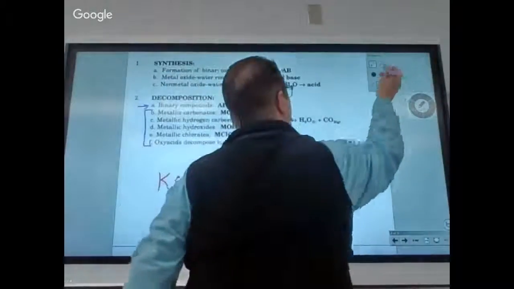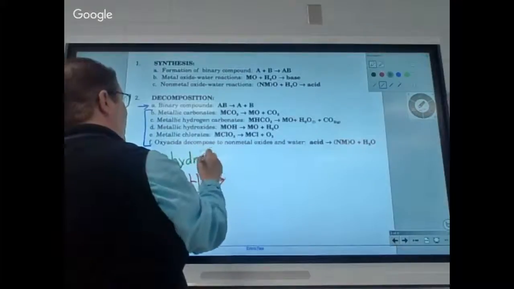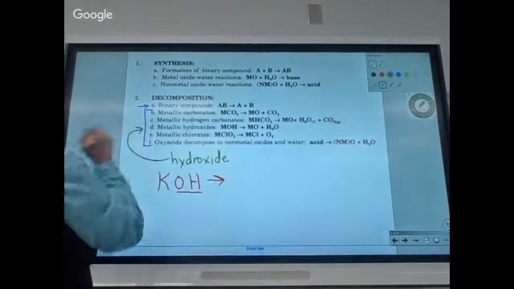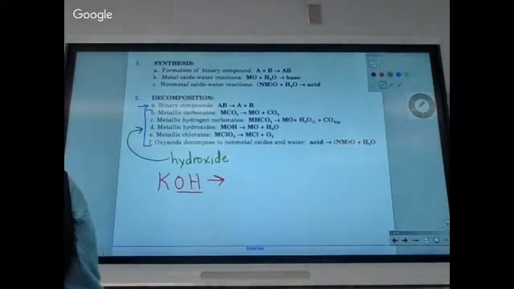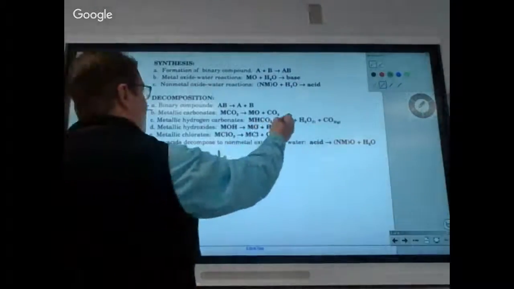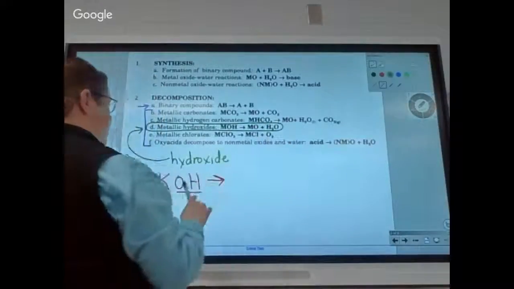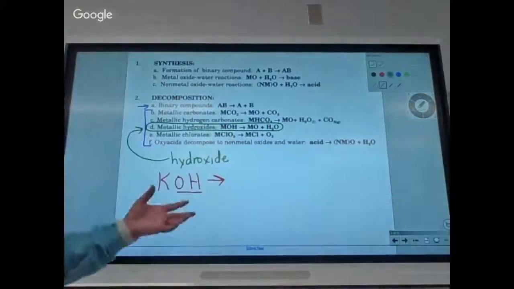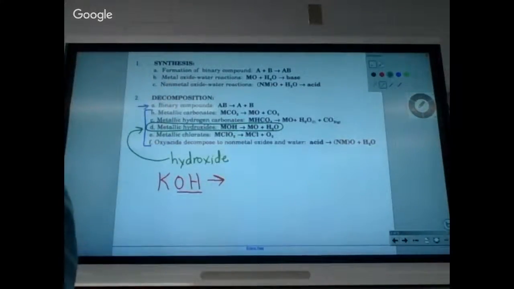So if you look up the name, and its name is hydroxide, that will also tell you it's D. So if you can't look at KOH and figure out that this is the one that we should pick because it matches that form, then look up the name and it will help you narrow your choice. Does that make sense?